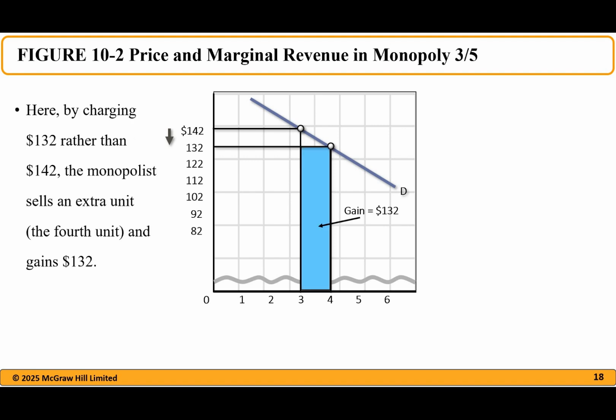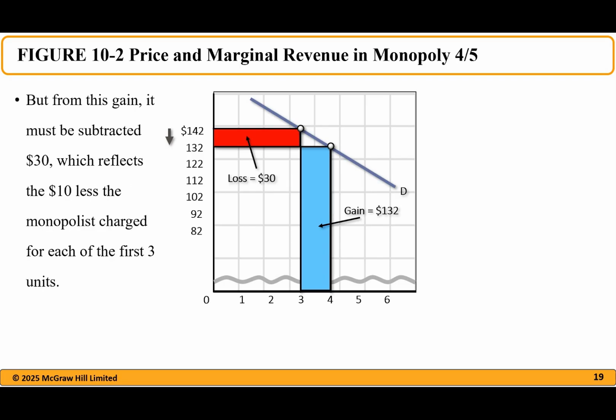So the gain is 132 for the fourth unit of output. But there is an associated loss of $10 per unit, since the firm is reducing the price from 142 to 132. So $10 times 3 units of output means the loss is equal to 30.